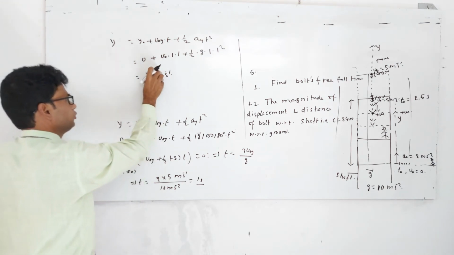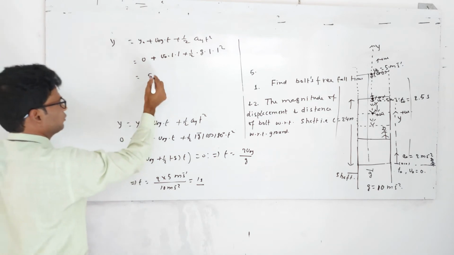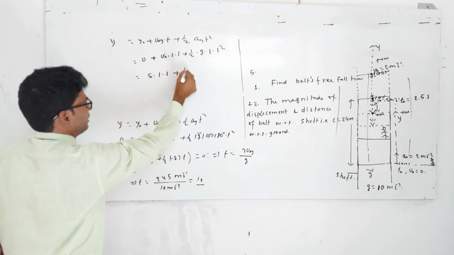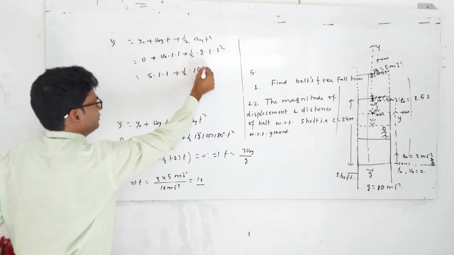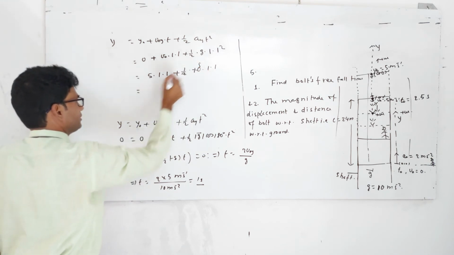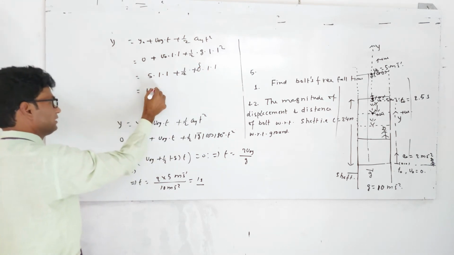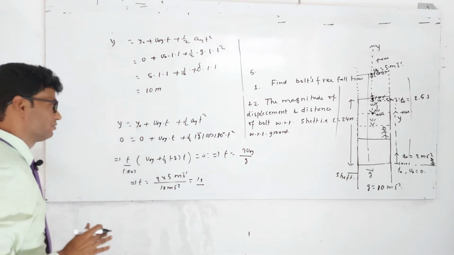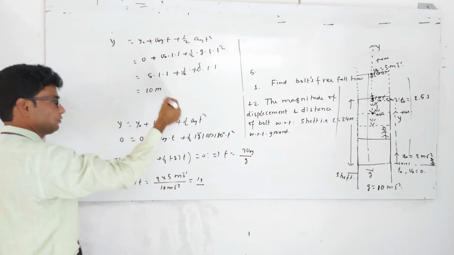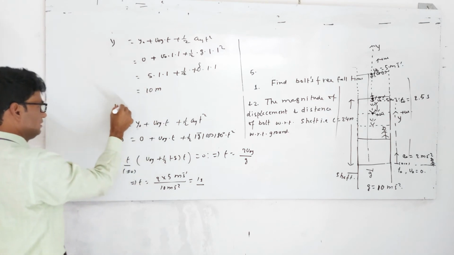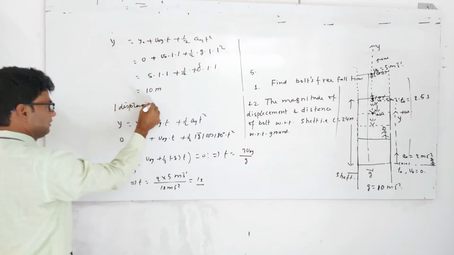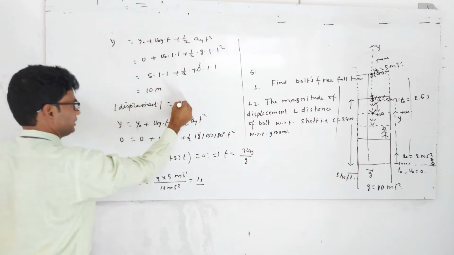We need not put the unit here because finally we have to put the unit. 5 into 1 into 1 plus half, g is 10 already taken, and this 1 square is 1. So this came out to be 10, and now finally we put the unit here, 10 meter. So the y coordinate is positive. Therefore the displacement, in fact the magnitude of displacement, is equal to 10 meter.